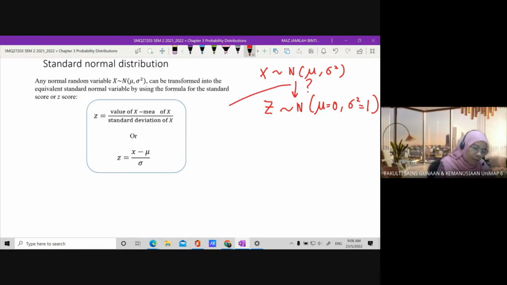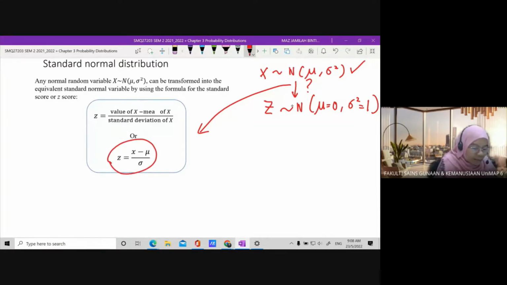This is how, class, the conversion from X to Z. Later on, when you are given the condition of your problem in terms of the original normal distribution, when you transform it into the Z or standard normal distribution, you have to use this conversion.